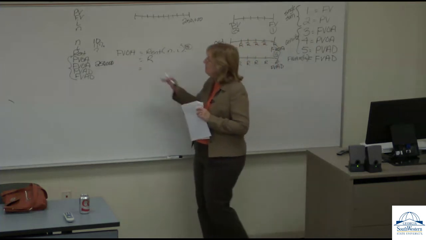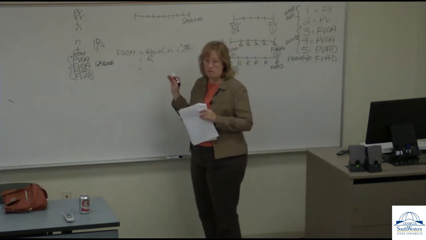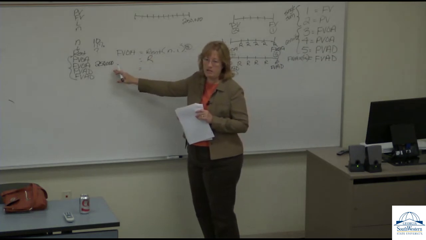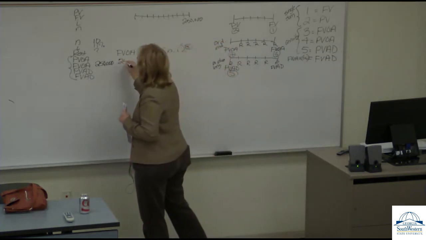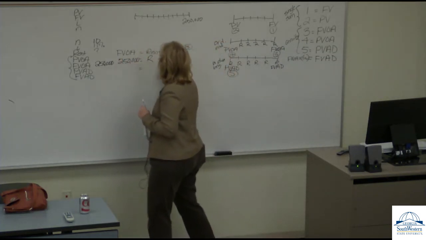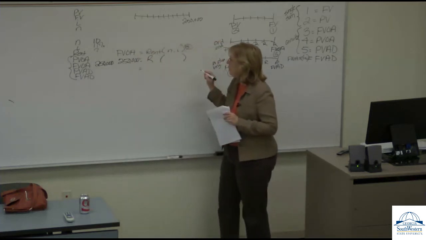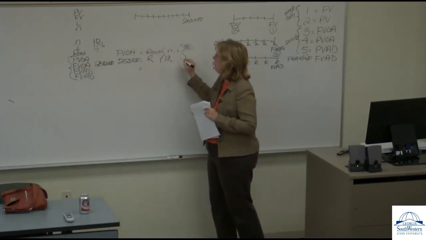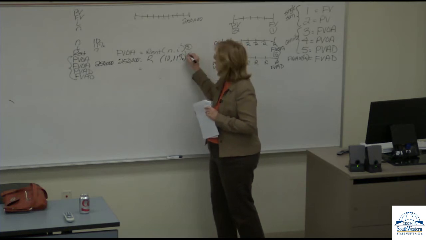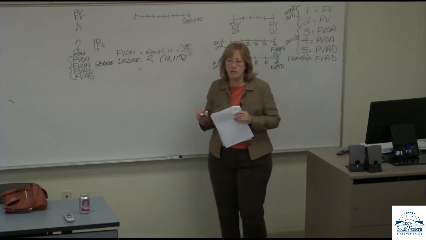So all we have to do is fill in these things, right? What goes on the left here? 250,000. And then what goes right here? 10, 11%. Table 3. You want to get me the number on table 3?